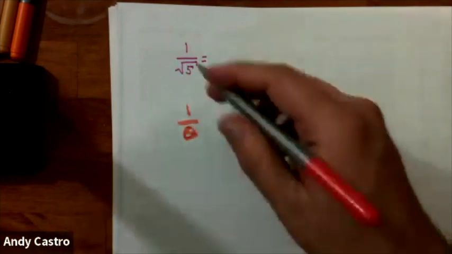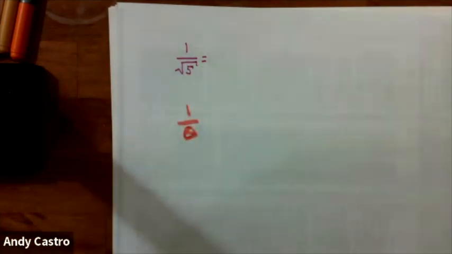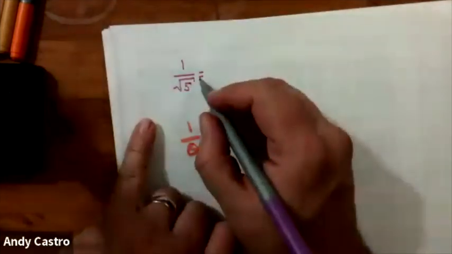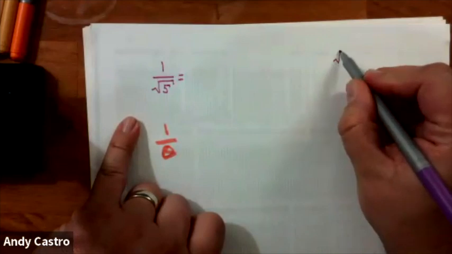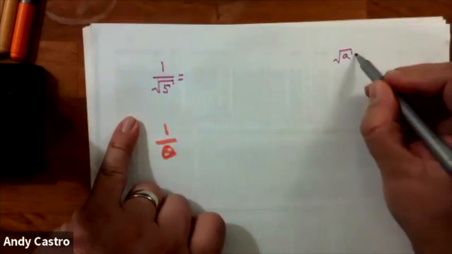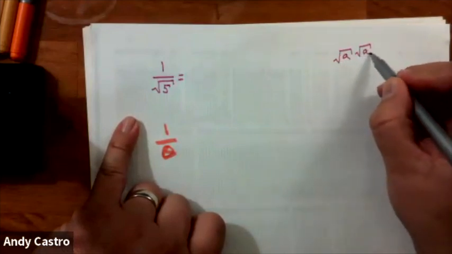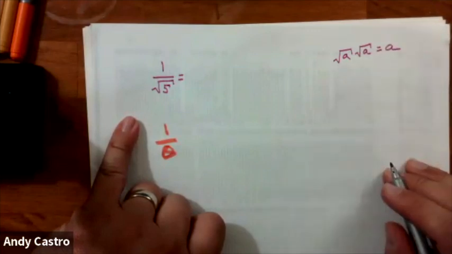So the correct way to deal with a radical, a square root, a cube root, or something like that in the denominator is to do the following. We're going to use the same idea that we've used before, and that is that the square root of a number times the square root of a number gives us the number.